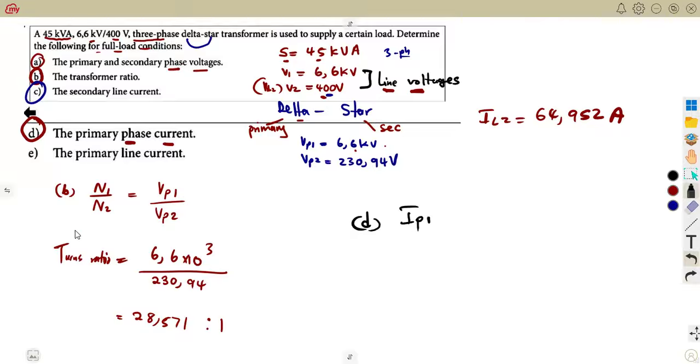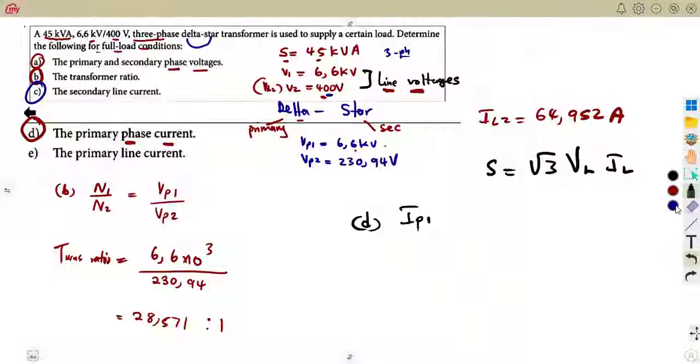But do we have anything from the primary side? If you consider the rating, there are two ways. Remember the rating is given as S equals, because this is three phase, VL IL like this.